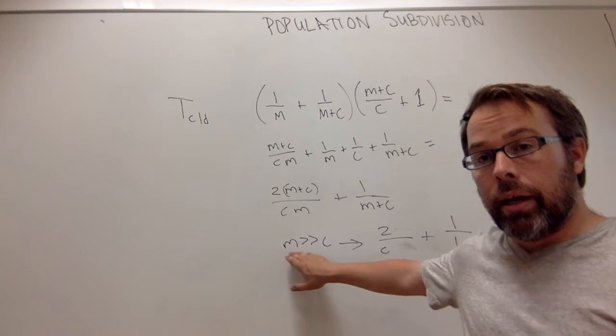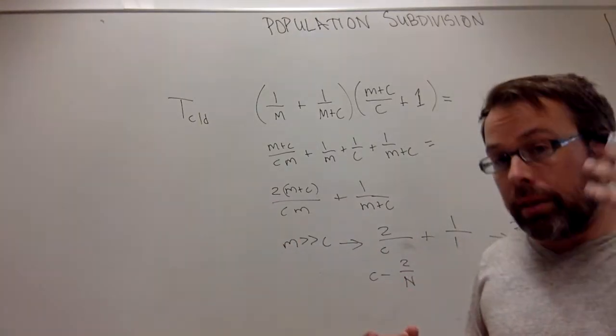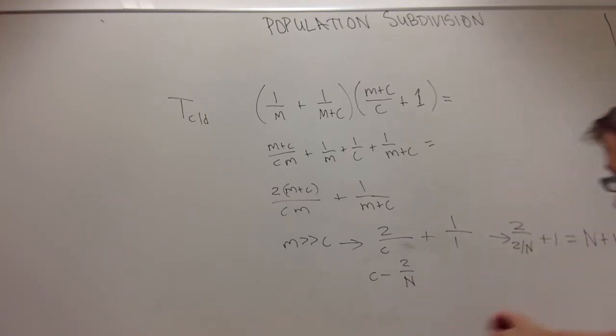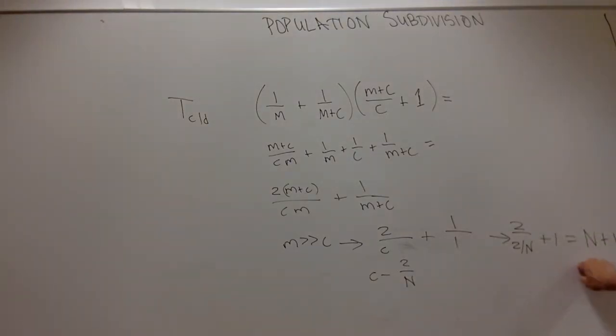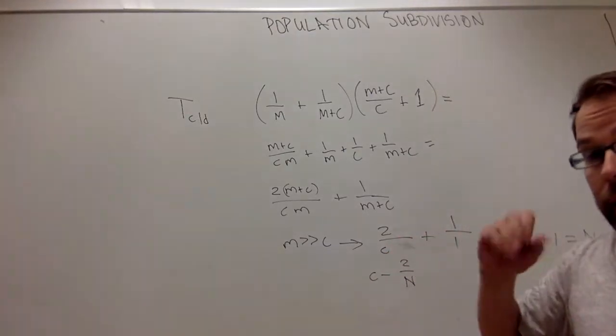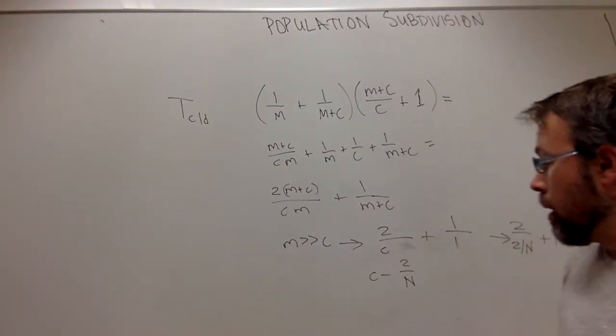When we have very high migration, basically we don't have subdivision, so we'd expect to get the result that we get in a non-subdivided population, and I'll remind you that that is n. So makes sense. When migration goes up, so that it's basically not subdivided, we get our normal old boring result.